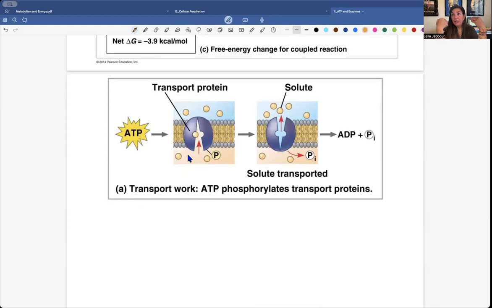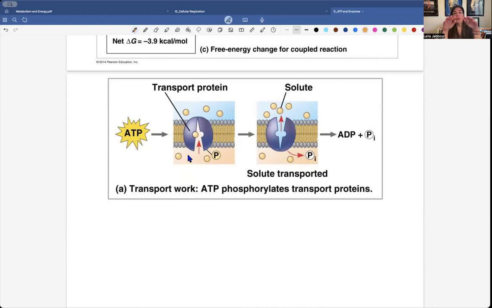This is not a natural movement because naturally solutes will move down their concentration gradient, not up or against it. They're not going to move naturally into a compartment where they're already concentrated. That's not how it works.